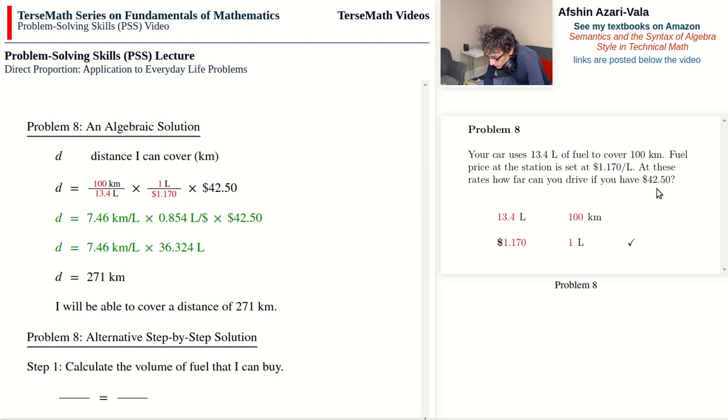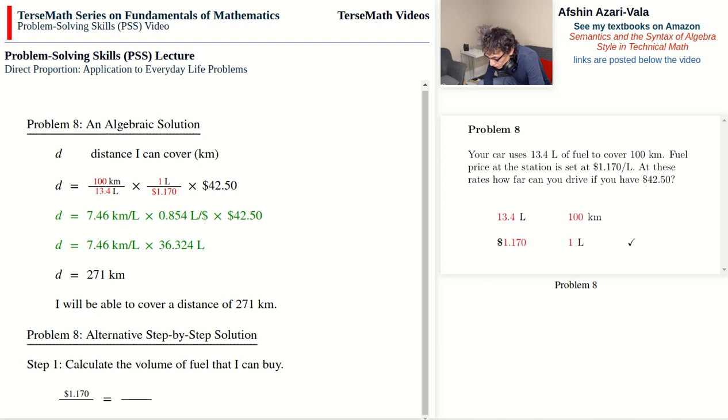Now, because I want to relate dollars and liters, I would use these two numbers on top and bottom here. Again, it doesn't matter which one goes on top and which one goes down. And therefore, let's say that we put $1.17 on top and 1 liter down. Because we have $42.50 in total, we'll put that on top on the side of dollars, and the volume in liters will go down.